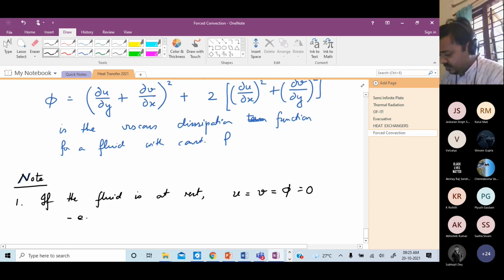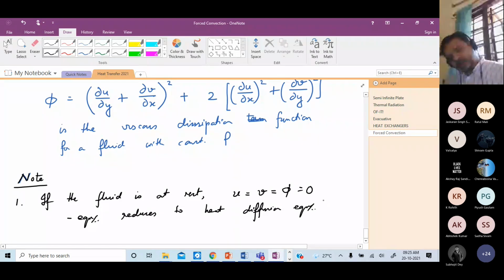So the equation reduces to the heat diffusion equation, because that was also derived based on energy conservation. Now you have additional terms, because of the inertial terms.